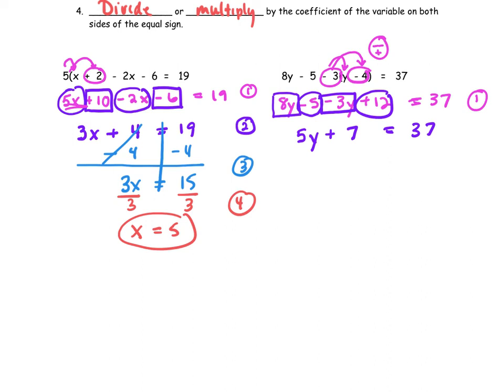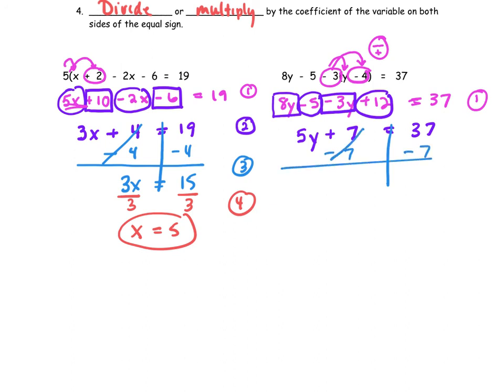Now we're ready for our solving steps. So the first 2 steps are simplifying the equation so that we can get down to just 2 terms, a term with a variable and a constant. So now we're ready to solve. We're going to start by eliminating the constant, and we do that by seeing what the equation's doing. It's adding 7, so we do the inverse, which is subtracting 7, and we have to do that on both sides.